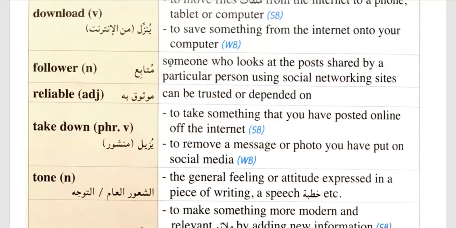As for follower, someone who looks at the posts shared by a particular person using social networking sites. Reliable, can be trusted or depended on. You are going to know the difference between reliable and reliable later. Take down, phrasal verb here. When I say phrasal verb, I mean it consists of a verb and a preposition.